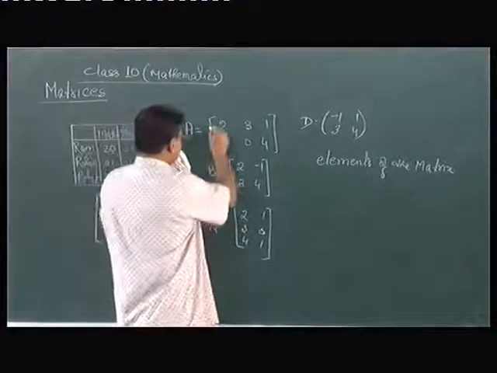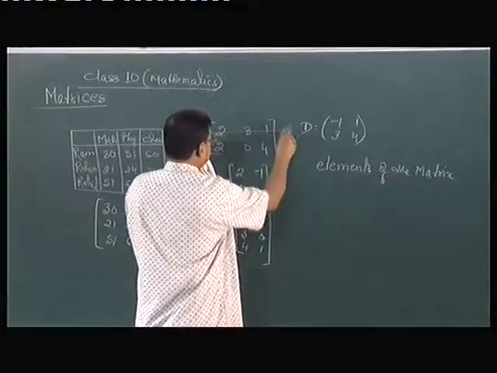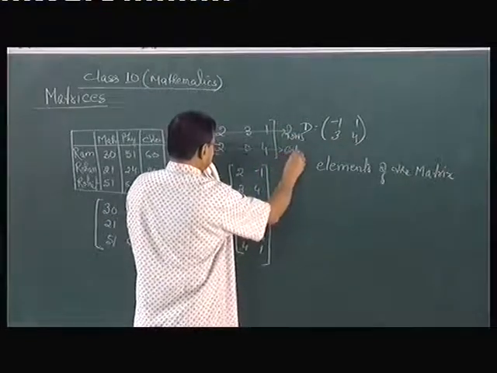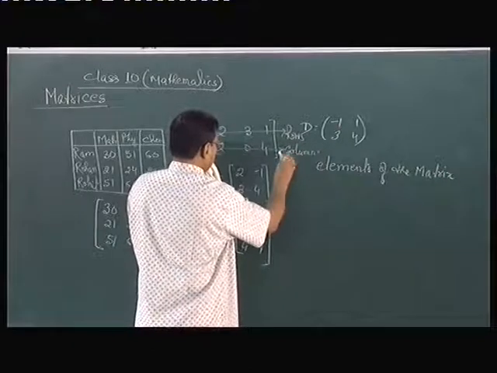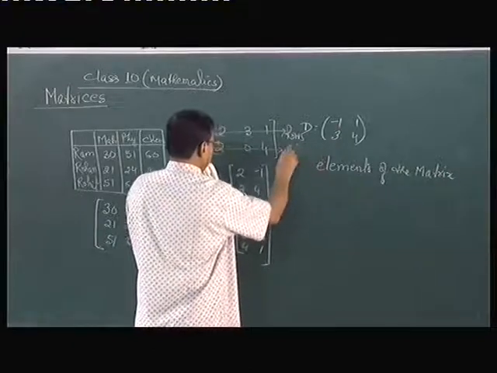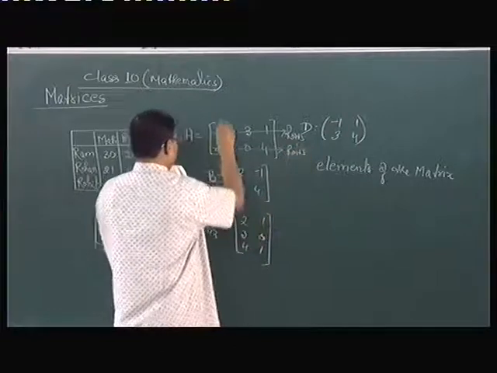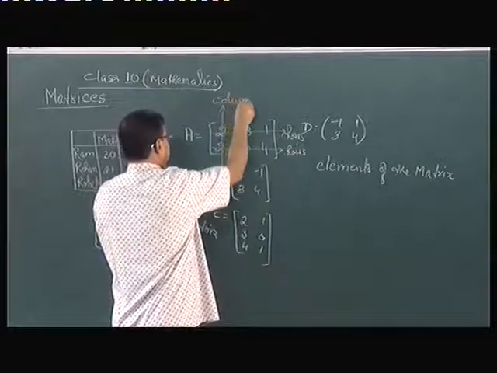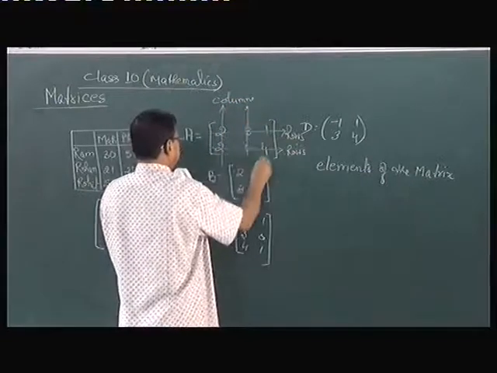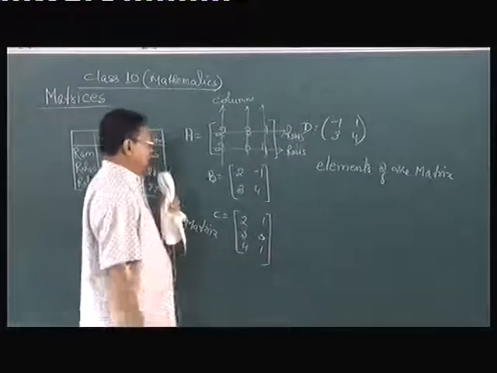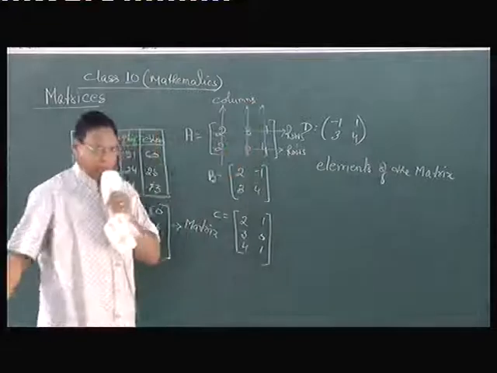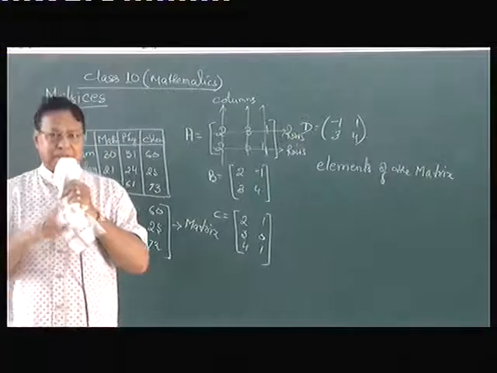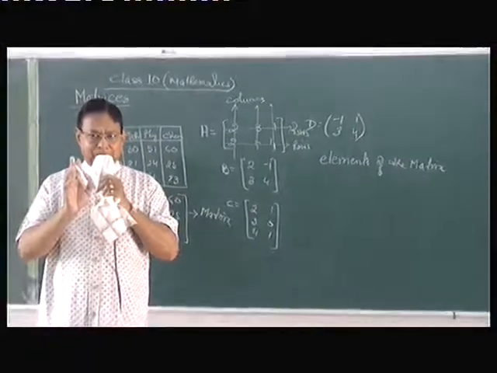The horizontal lines are rows, and these vertical lines are called columns. So a matrix consists of rows and columns. The vertical lines are columns, the horizontal lines are rows.